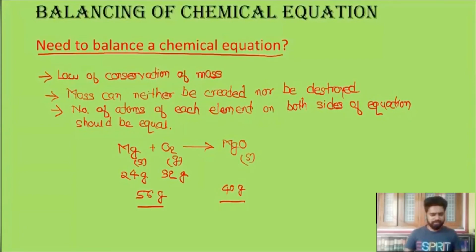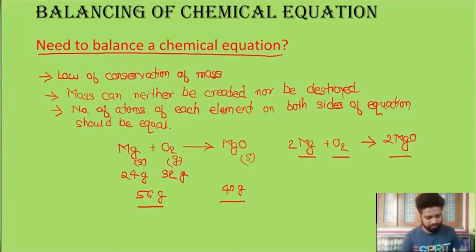So this equation needs to be balanced. If you multiply by 2 here, it makes 2 MgO, and if you write 2 here as well, then the number of magnesium atoms on the left hand side is 2, oxygen atoms is 2, and the number of magnesium and oxygen atoms on the product side is also 2. If we consider the mass, then the mass of 2 magnesium atoms will be 2 into 24, which makes 48 grams.